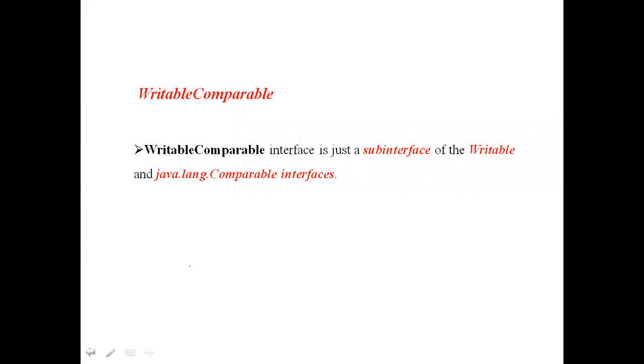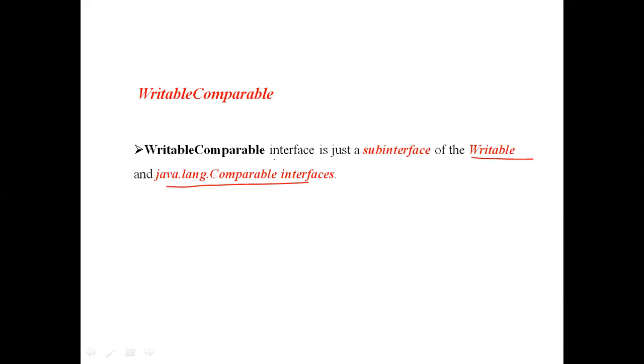Along with the writable interface, one more interface is available: writable comparable. Actually, it is not a separate interface. It is a sub interface of the Hadoop writable interface as well as Java's comparable interface.